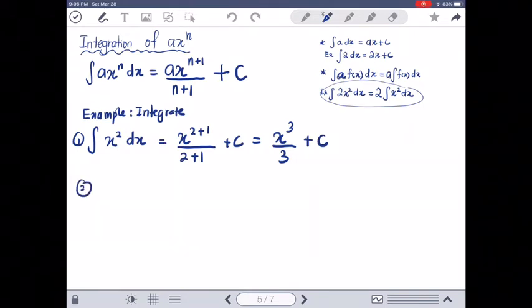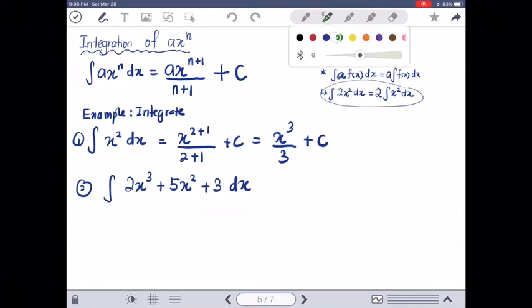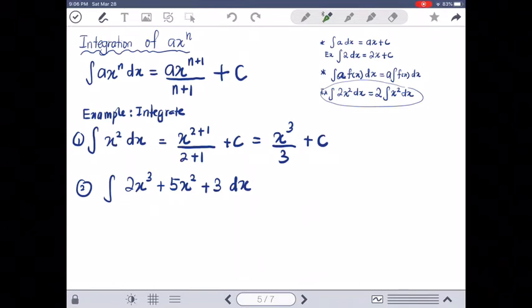Second example. Let's try integration of 2x to the power of 3 plus 5x to the power of 2 plus 3 with respect to x. When we have plus or minus, we have to look at each term individually.